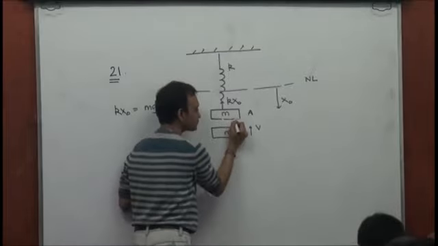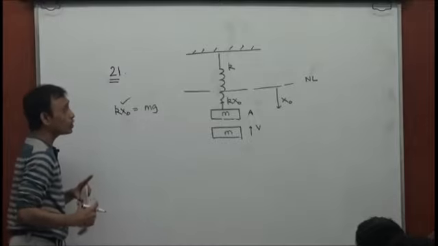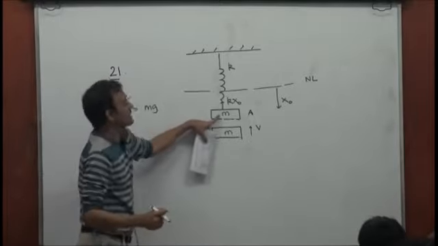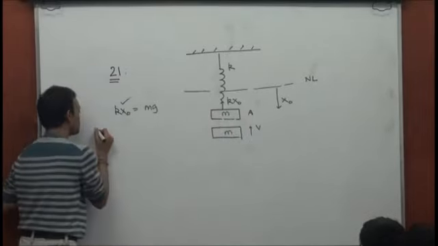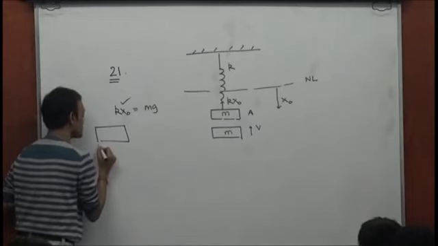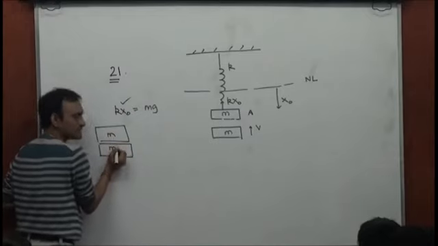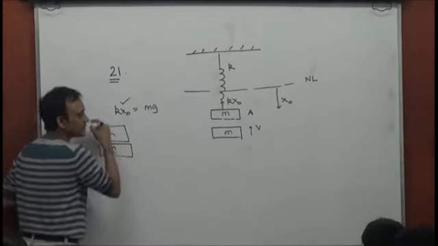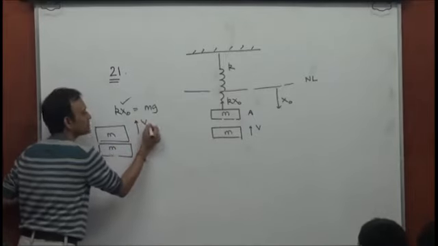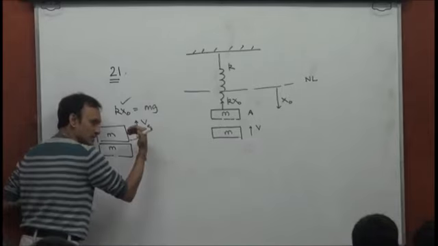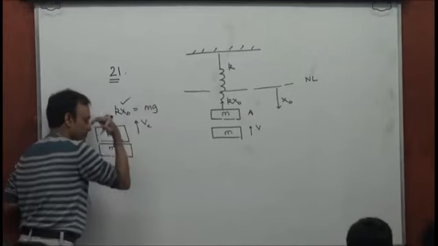So I know x naught, essentially mg by k. Now, when this mass m hits this mass and together they move up, one thing I can presume is that the total mass becomes 2m. And let's say after they get clubbed together, just after the impact, they have a common velocity vc.